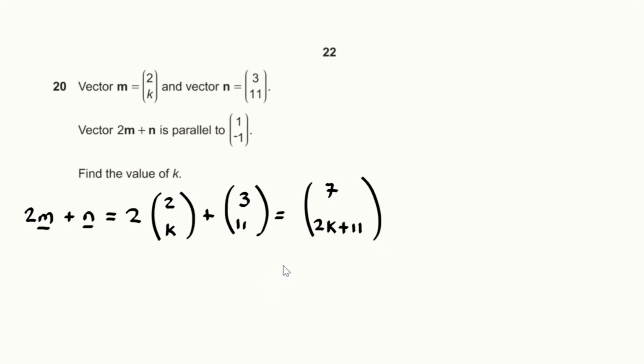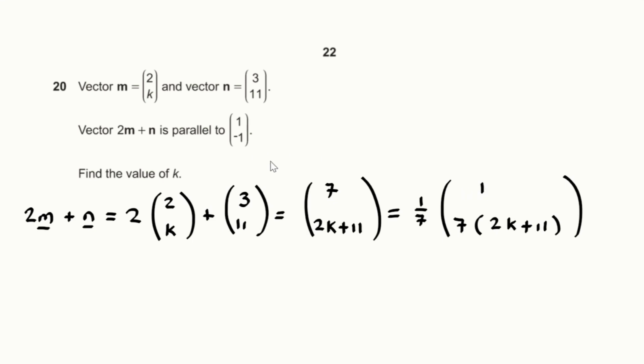And with that, what we can now do is recognize that this vector here is parallel to this. So how could we go about this? Well, if I take out a 1/7, I'd end up with 1 and 7 lots of 2k plus 11. Well, does this make sense?